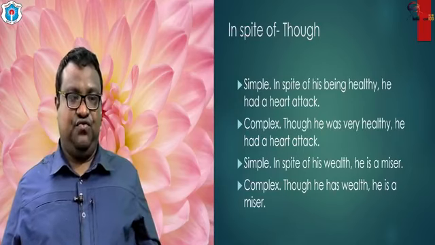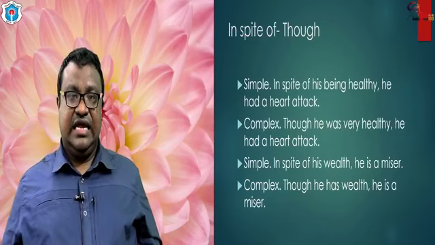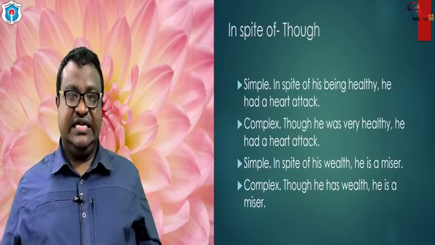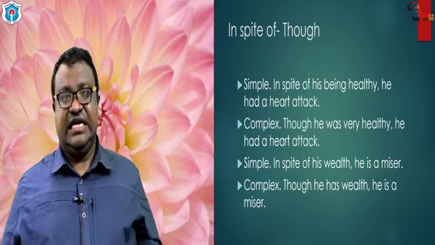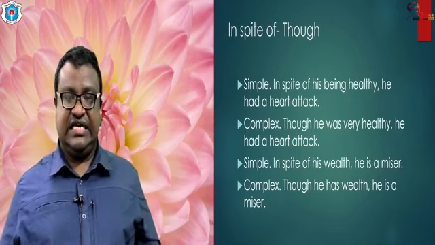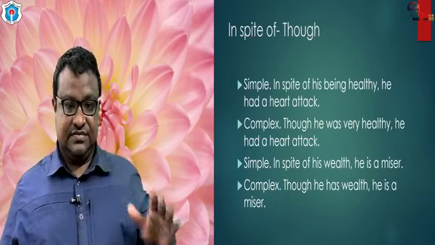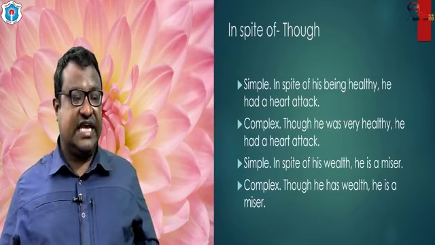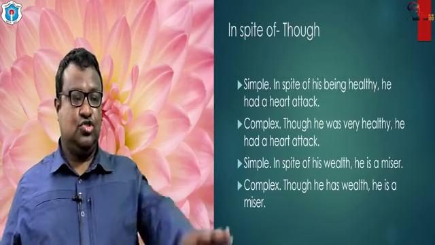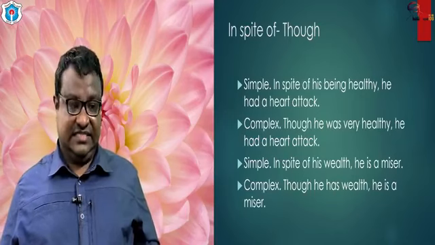But when we find a sentence with a noun, like the second one where we see the noun wealth, so in spite of his wealth, he is a miser, in this case we will use though plus the subject plus has.